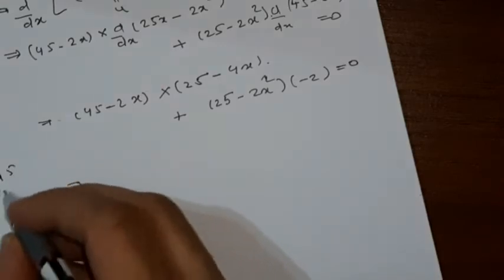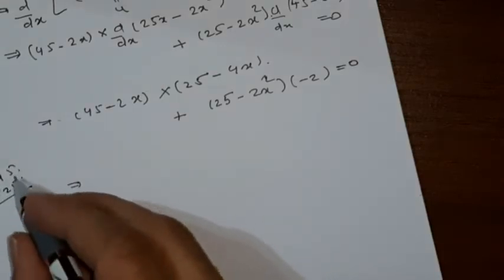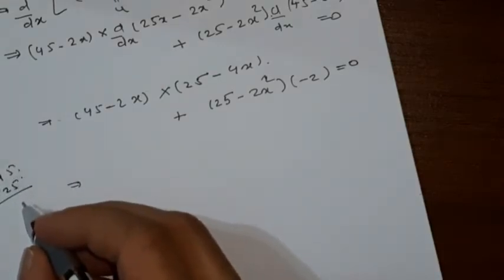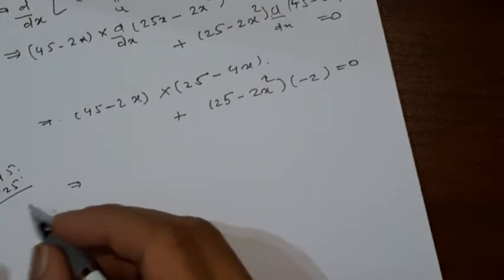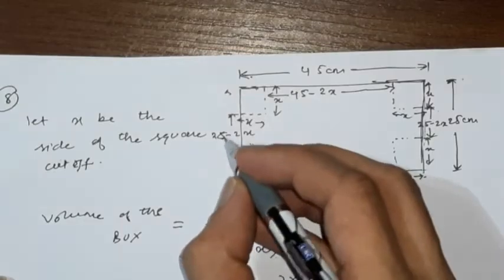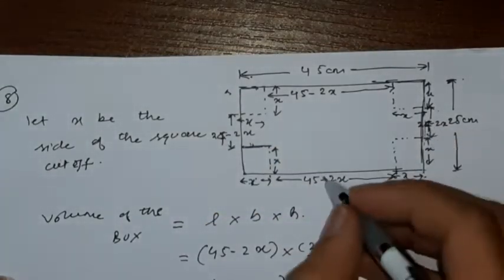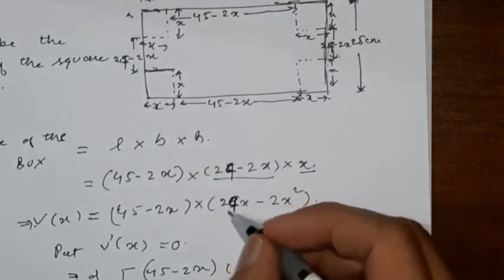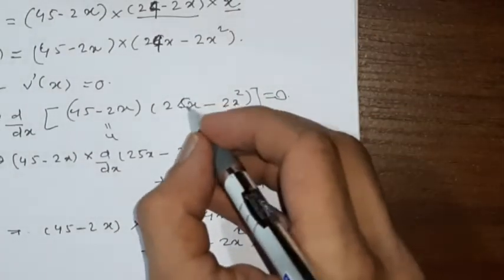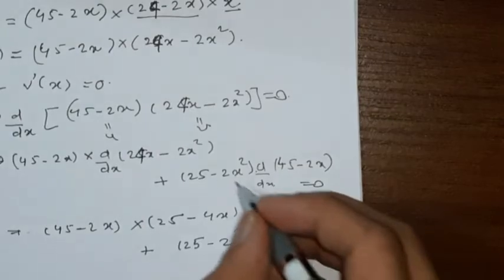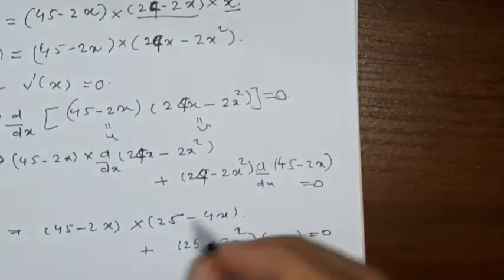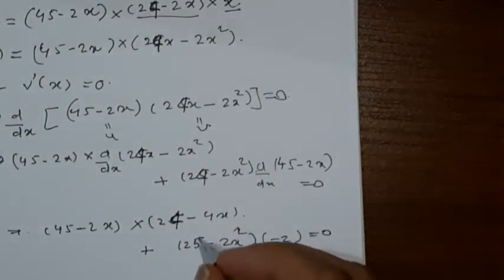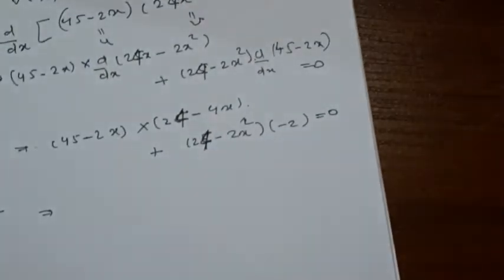So 45 multiplied by 25 is what? 5 5s are 25? Oh, that is 24. I took it as 25. This is 24 here. So 24, right?